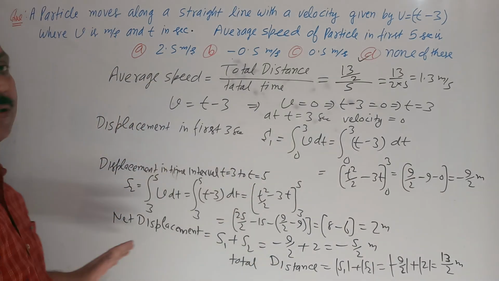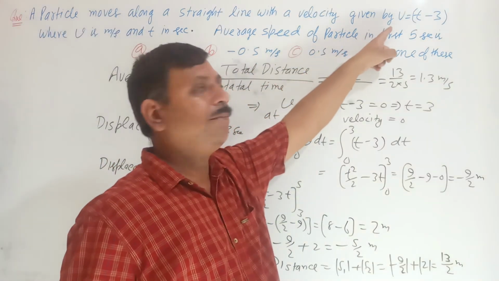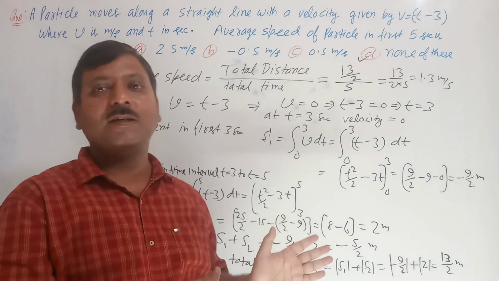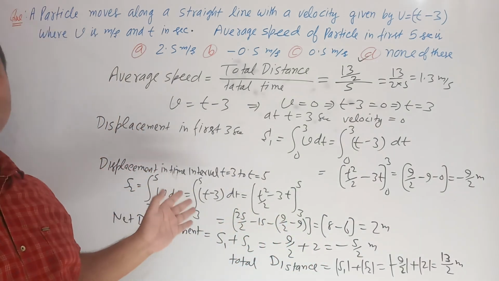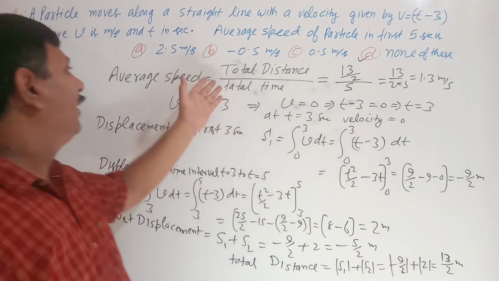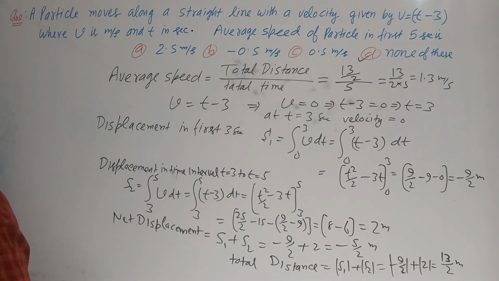By that method we can find the distance. So remember one thing, if velocity becomes zero in between the motion, you have to take separate displacements, and the positive form of displacement we have to add, and we can find the distance. When total distance we have found, we can find the average velocity.